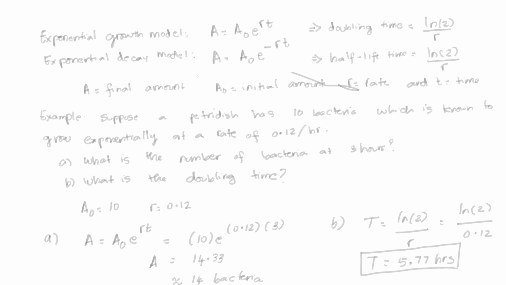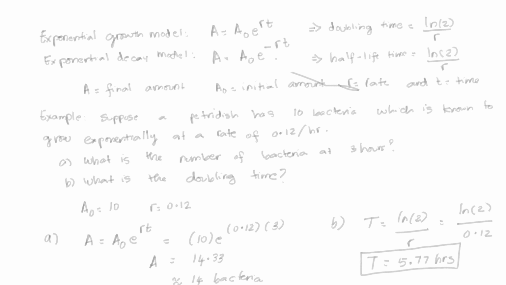In an exponential growth model, you start with an initial amount A naught and that initial amount grows at a rate of r for a period t, and this formula would give you the final amount at time t. In a decay model, you start with an initial amount A naught, the amount decays at a rate of r, and at time t, you have a final amount of A.